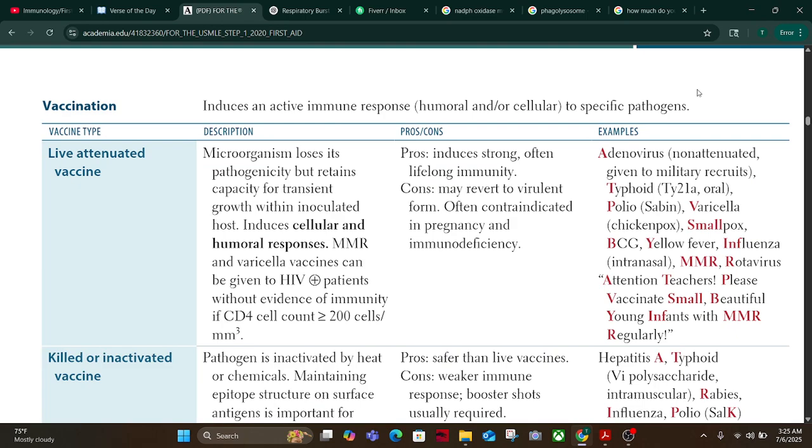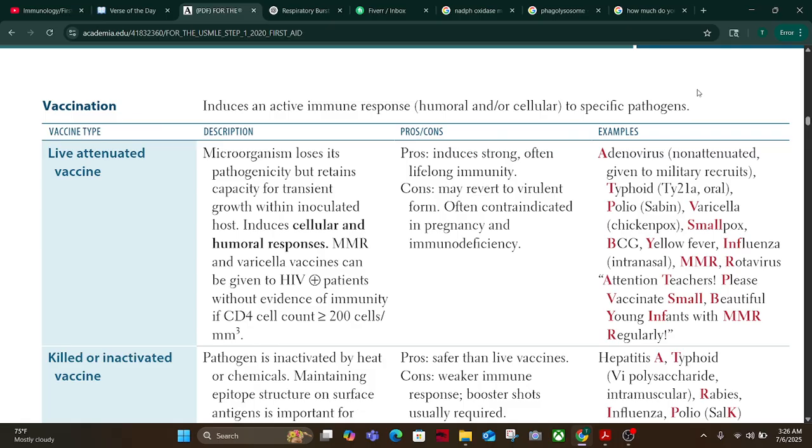Attenuated means decreased power of the virus. So live attenuated vaccine is still a live vaccine, but the strength of this live vaccine is decreased. It says the microorganism loses its pathogenicity but retains capacity of transient growth within the inoculated host.